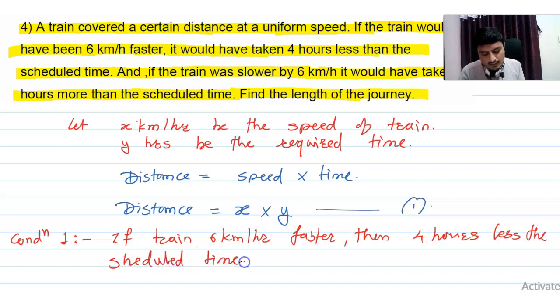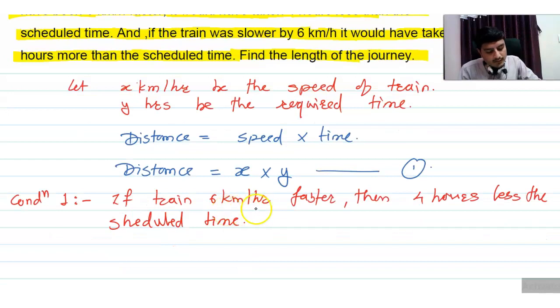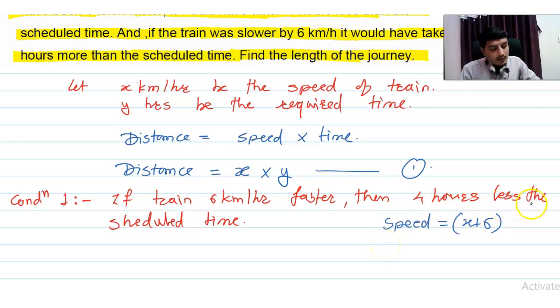That means the speed of the train becomes, originally x kilometer per hour, now faster means 6 km per hour more, so we add 6 to x. And at the same time 4 hours less than the scheduled time. Original time is y, so the time required to cover the journey is y minus 4.